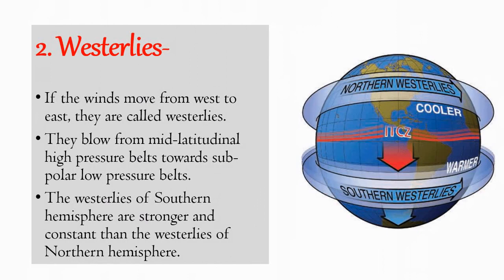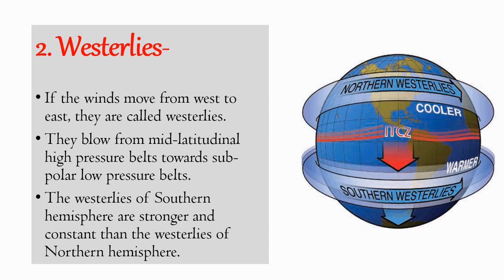Westerlies. If the winds move from west to east, they are called westerlies. They blow from mid-latitudinal high pressure belts towards subpolar low pressure belts. In both the hemispheres, winds blow from the mid-latitudinal high pressure belt to the subpolar low pressure belt situated near 60° parallel.